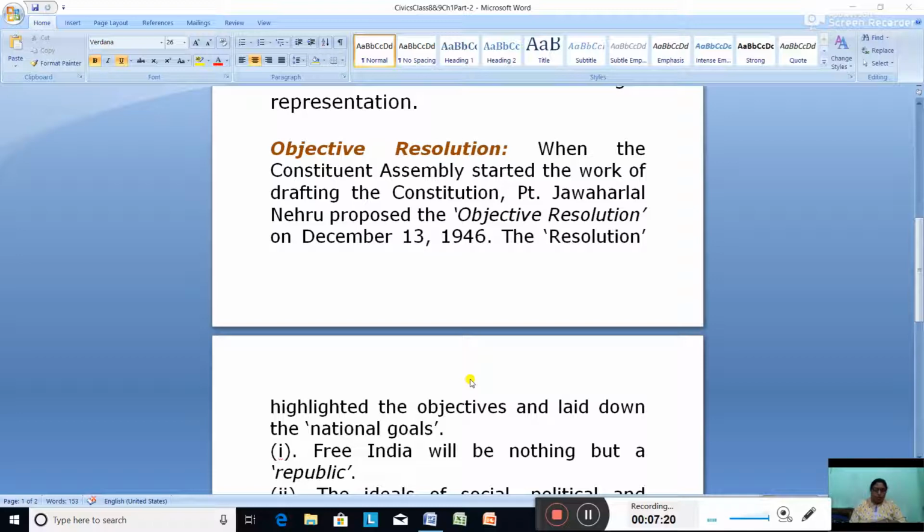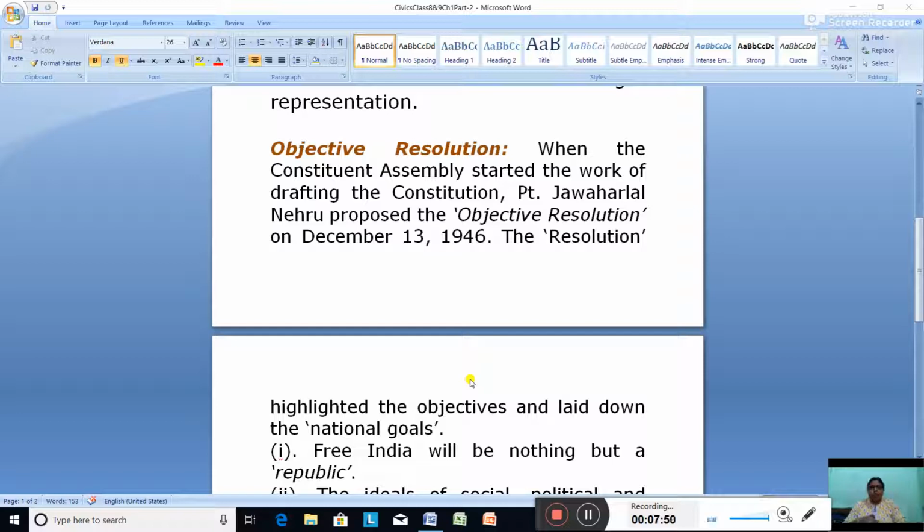In order to shape India into a complete sovereign, democratic and republic in which the liberty and dignity of the individual is ensured along with national integrity, Baba Sahib incorporated the following principles in our constitution.